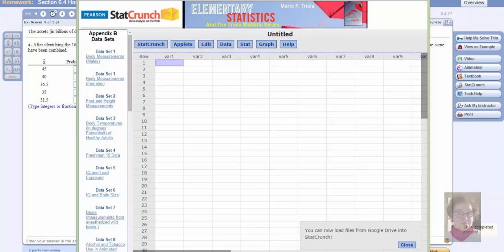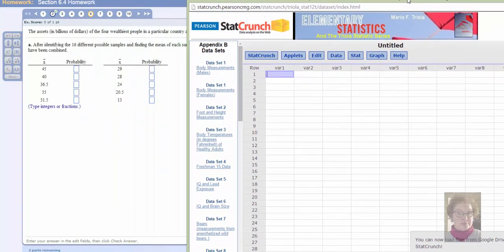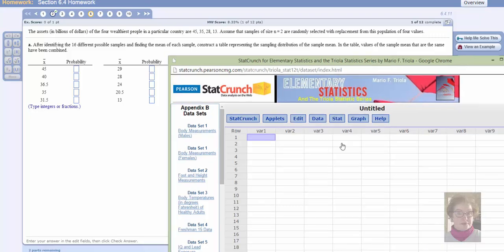And I have a blank table, so let's go ahead and just put stuff in. So I can come up with 45 and 45, and 45 and 35, and 45 and 28, and 45 and 13.